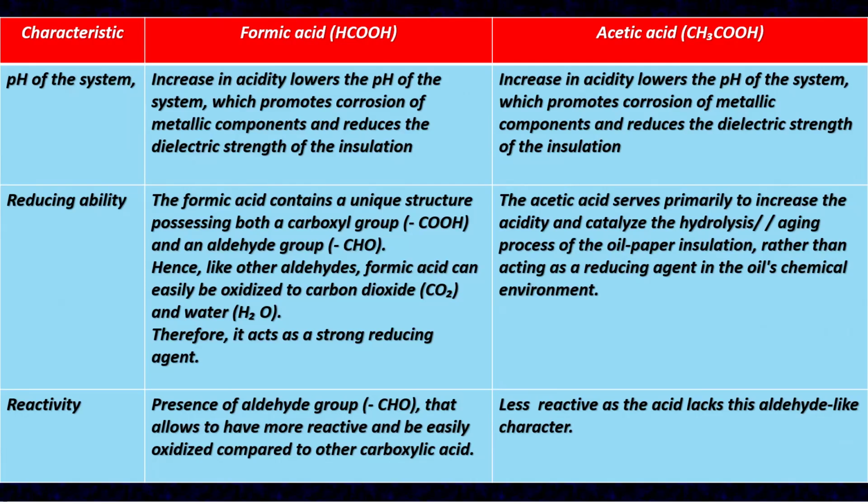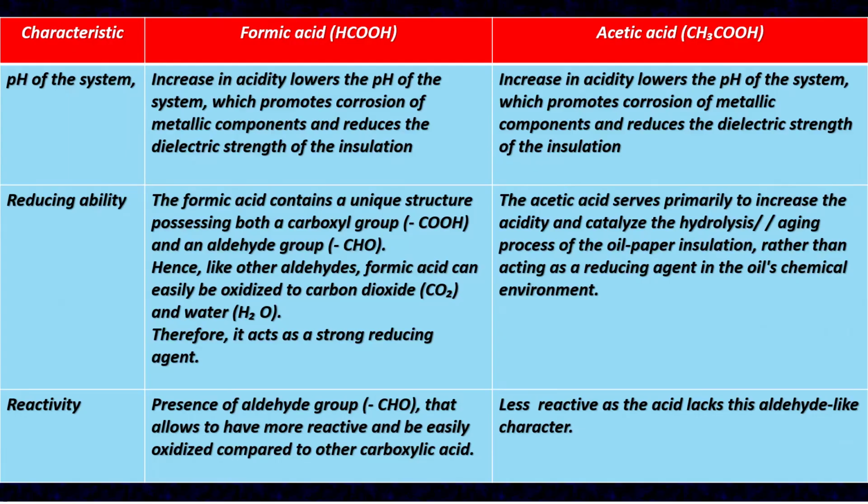Reducing ability. Formic acid has a unique structure possessing both a carboxyl group and an aldehyde group, that is CHO. Hence, like other aldehydes, formic acid can easily be oxidized to carbon dioxide and water.